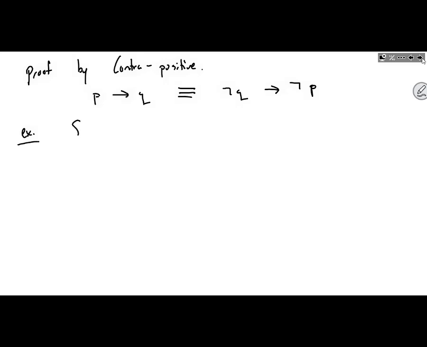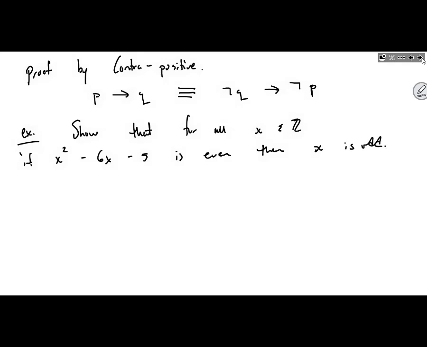So let us show that for all integers x, if x squared minus 6x plus 5 is even, then x is odd. So, proof.